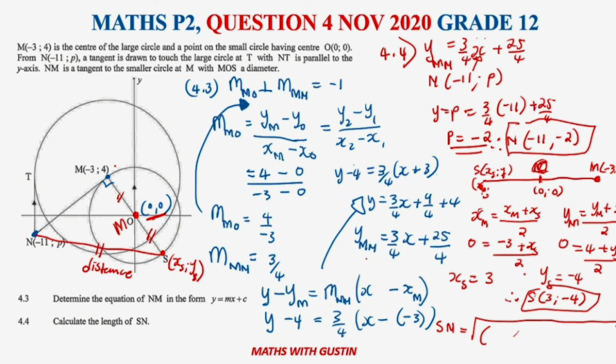I'm just going to substitute directly: the x1 value is negative 11 minus 3, squared, into the distance formula, and then minus negative 2, minus into minus gives plus, squared. I'm moving a little bit quick now. Then we punch this in our calculator, which ends up giving me 10 square root of 2.